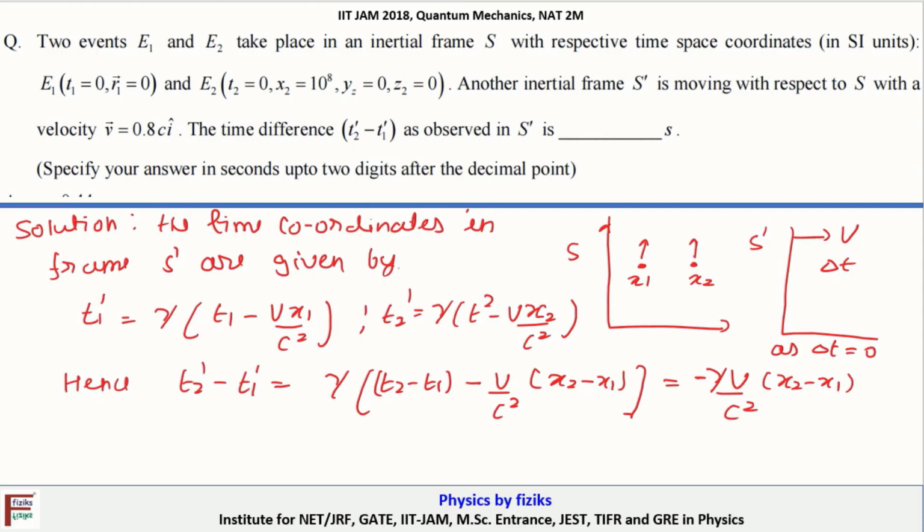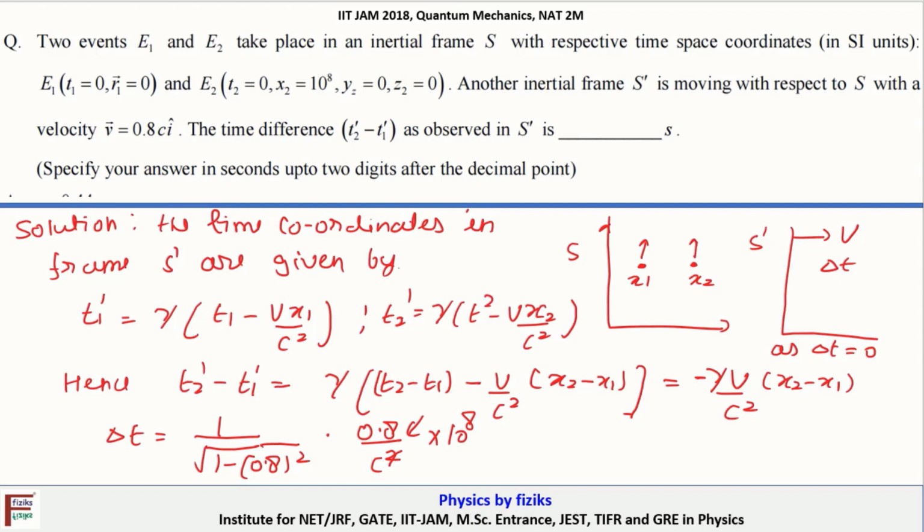Okay? So delta t is equals to 1 over root over 1 minus 0.8 square into v, 0.8c, into c square into 10 to the power 8.